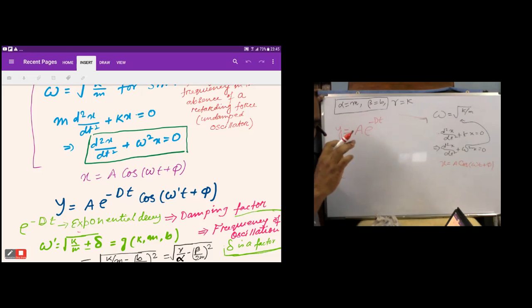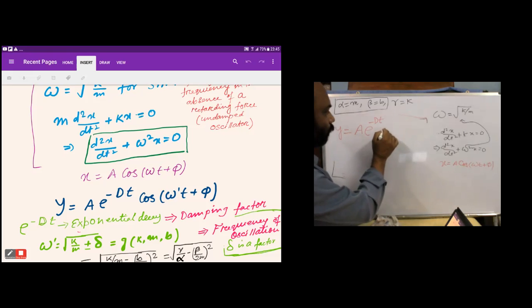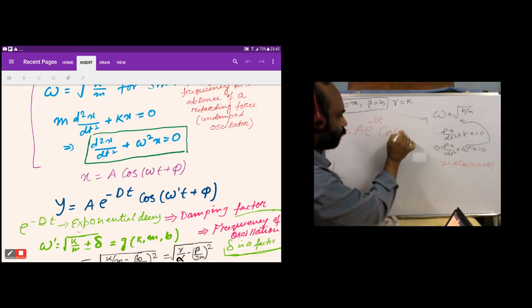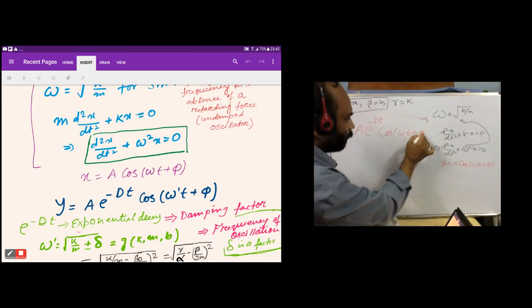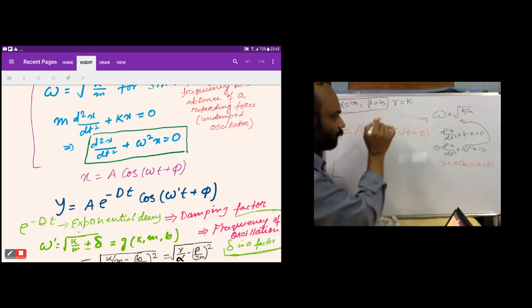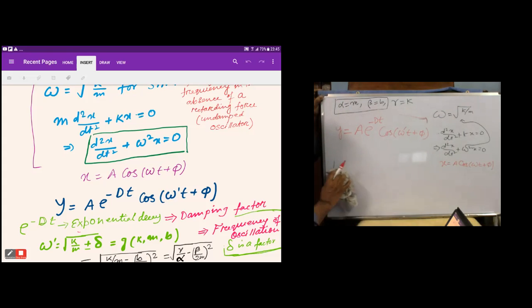Due to damping, the amplitude decreases exponentially, so I am putting e to the power minus dt as a factor with this cos omega t plus phi. In this case, omega will be replaced by omega dash, because the angular frequency of a damped oscillating system will be different. So e to the power minus dt represents our exponential decay. That is the damping factor.